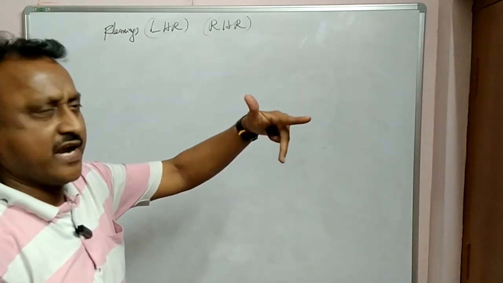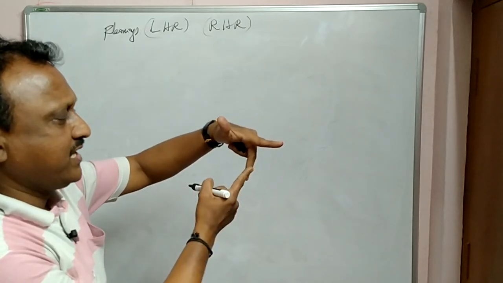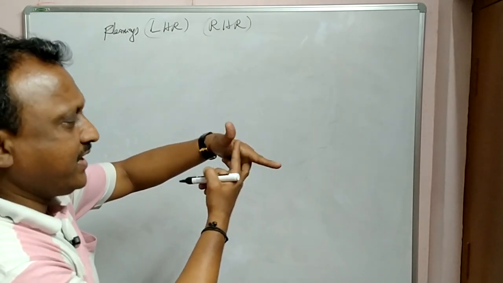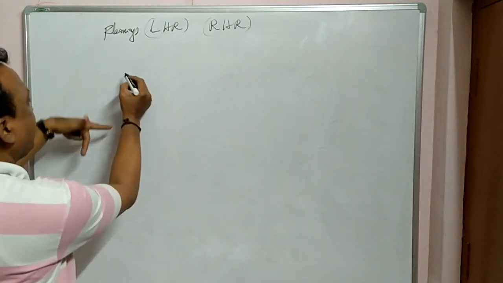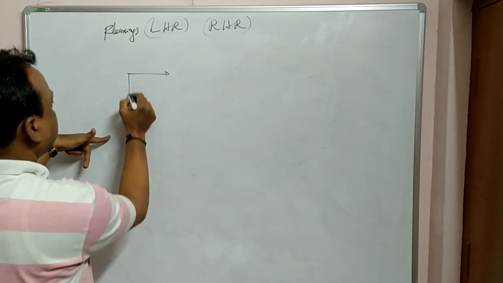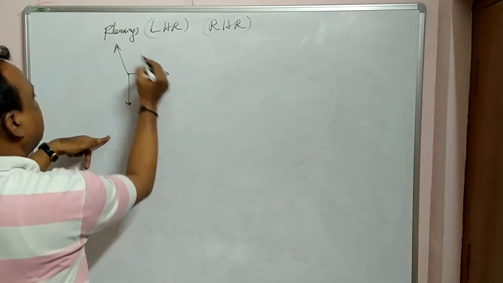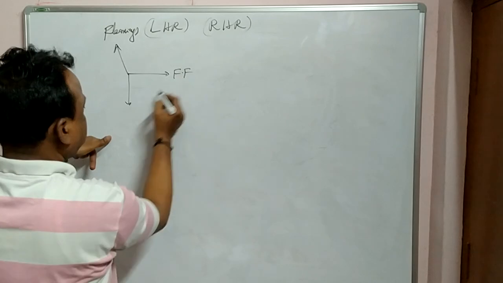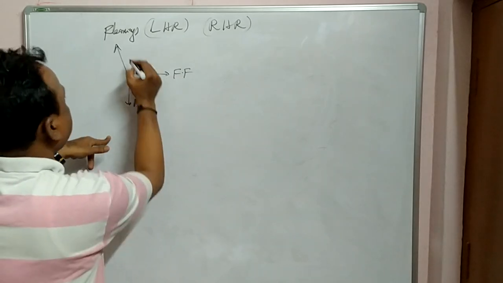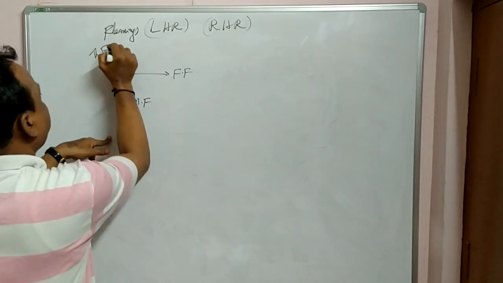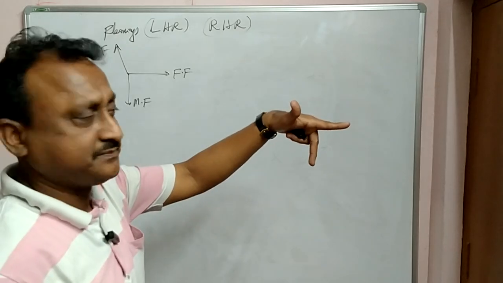Fleming's left hand rule means stretch your left hand in such a way that the middle finger, forefinger and thumb are perpendicular to each other. Like this. This is the forefinger, middle finger, and this is the thumb. Three of them are perpendicular.